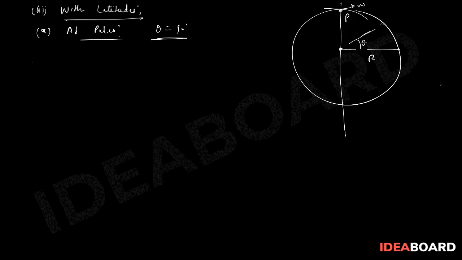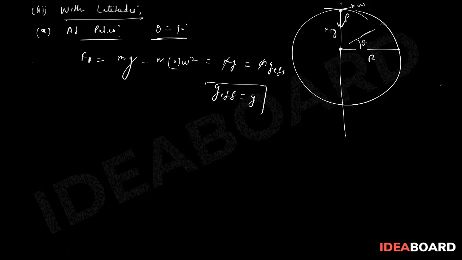Though if we don't know the formula, we can write that at this point f resultant is equal to m into g, because only one force is applicable, which is m into g, and obviously m into 0 into omega square, because we are on the axis only. So this is mg. So mg effective, that means simply g effective is equal to g. So at poles, this is equal to the gravitational acceleration, there is no change.